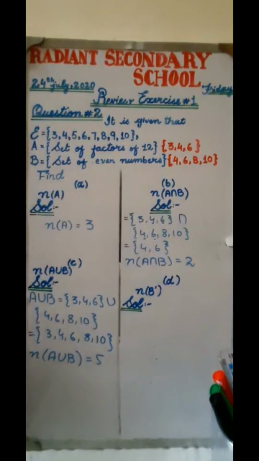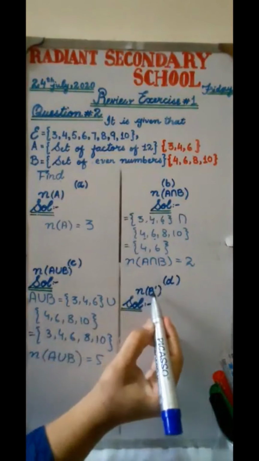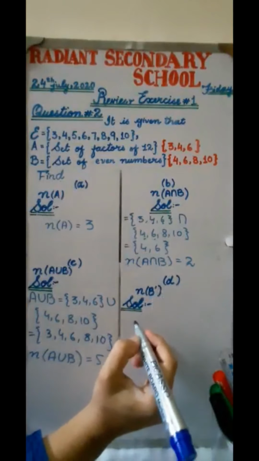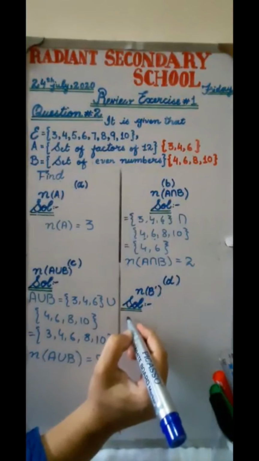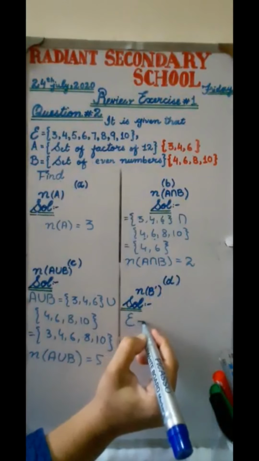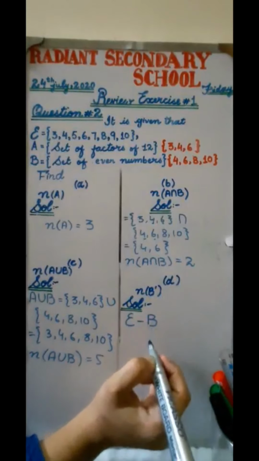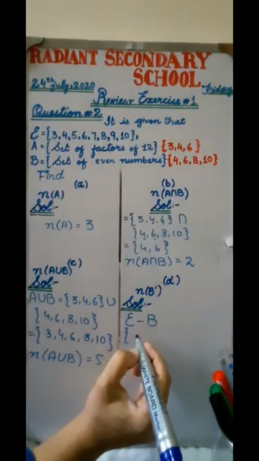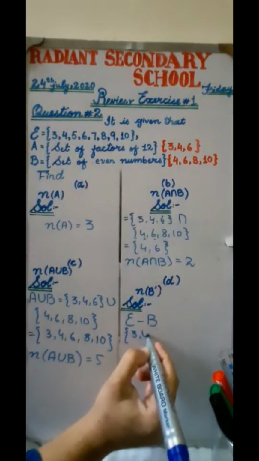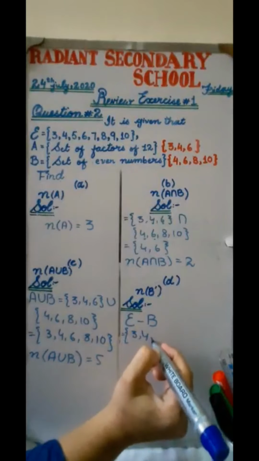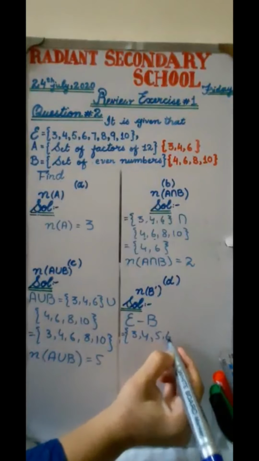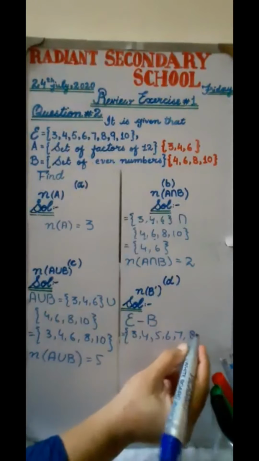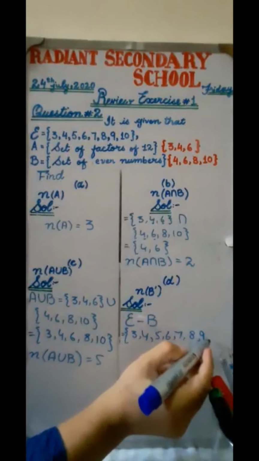Okay, now part D. Number of elements in B complement. First you need B complement, and we know that universal minus B is B complement. Now write universal set first. Universal set is 3, 4, 5, 6, 7, 8, 9 and 10.